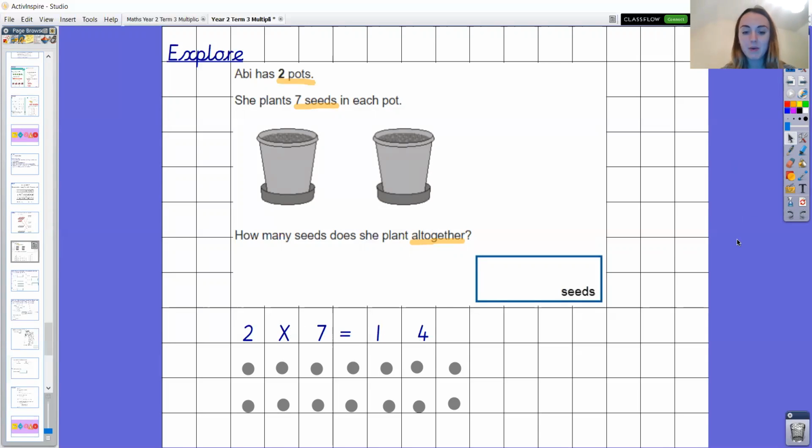Brilliant. Okay, now I can see here there is a box and it says seeds. But I know that in Year 2 at St. Helens, when we answer questions in maths, we always make sure we answer in a full sentence. So if the question is, how many seeds does she plant altogether? How do you think we might answer that in a full sentence?